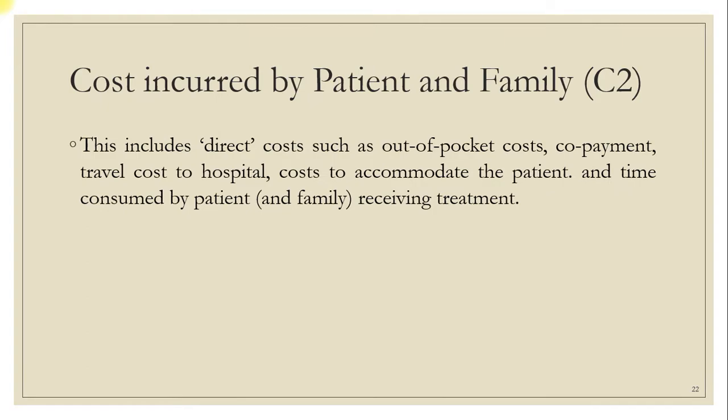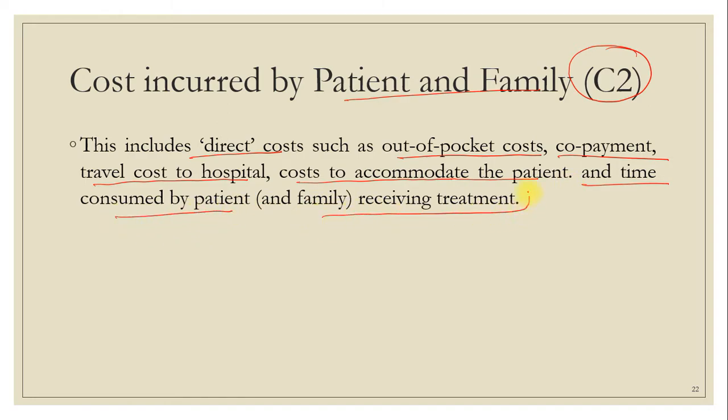The second type of cost is that incurred by the patient and family, and it is represented by C2. It includes direct costs such as out of pocket cost, co-payments, travel cost to hospital, cost to accommodate the patient, and the time consumed by the patient and family receiving the treatment. So it doesn't have any variable cost.